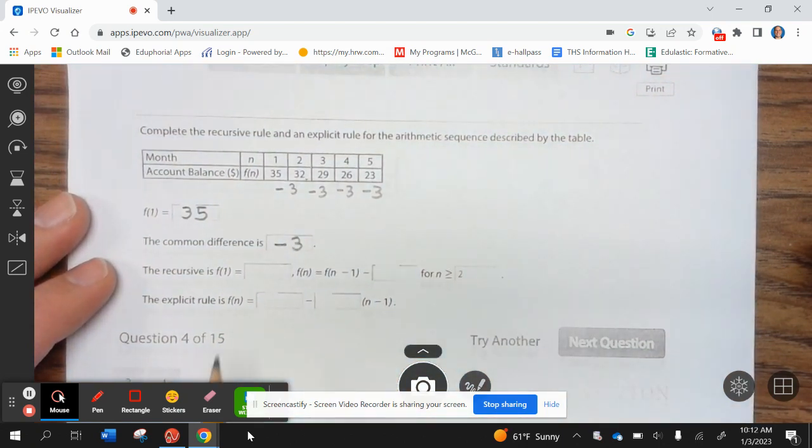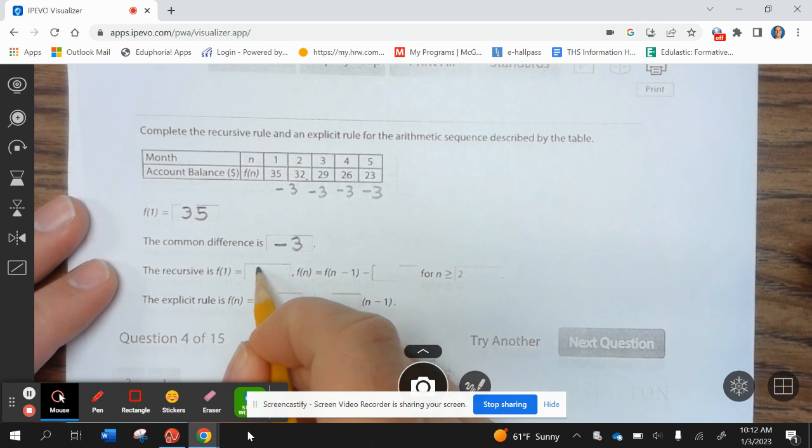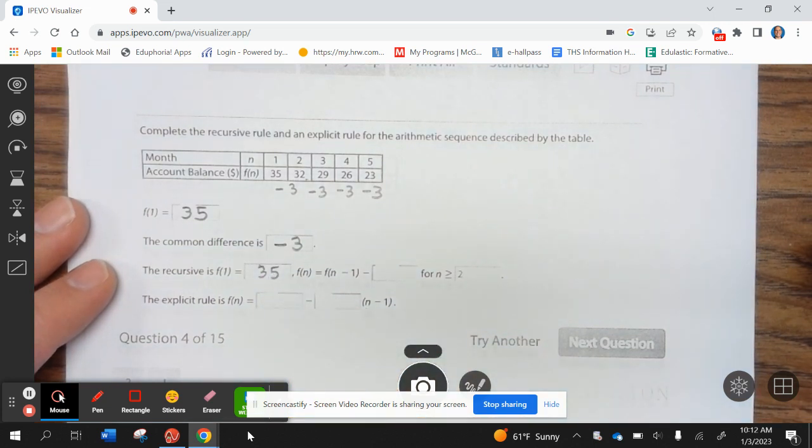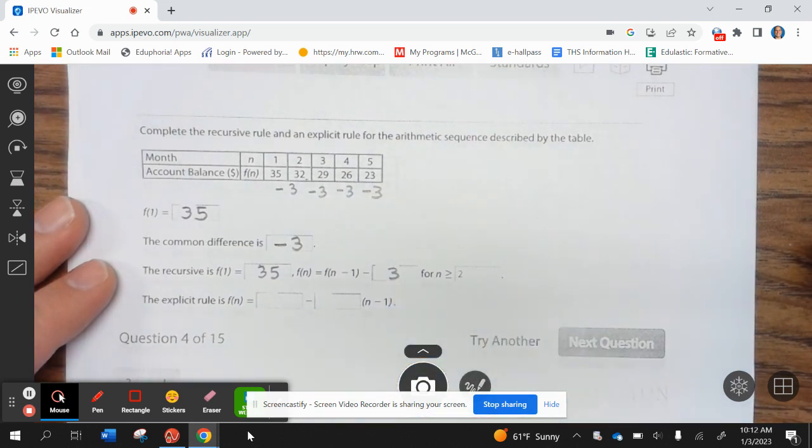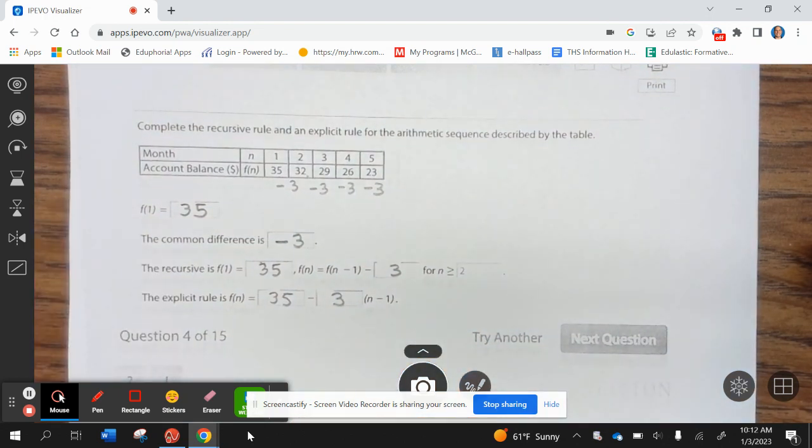The recursive rule is f of 1 is 35, so your equation is minus 3, n is greater than or equal to 2. So the explicit rule is 35 minus 3 times n minus 1.